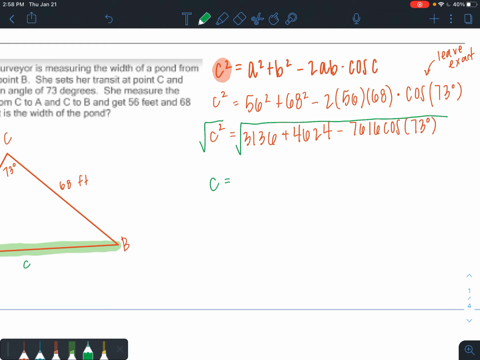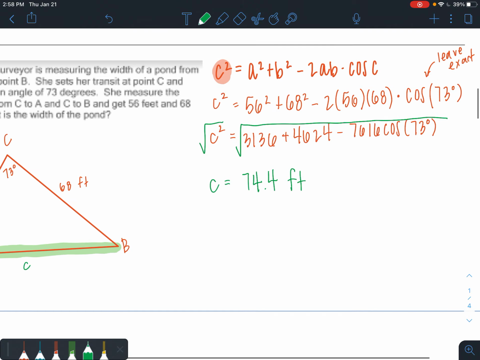We get 74.4, and that is feet. So that is our answer there. Now, we could have taken the square root right here, but I did want to show that people need to follow the order of operations properly.